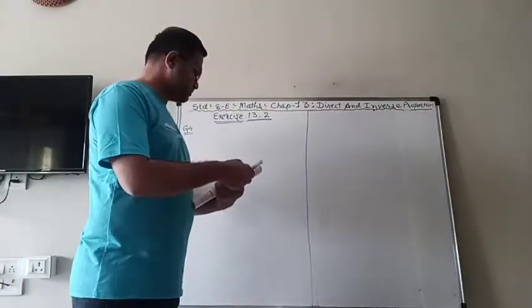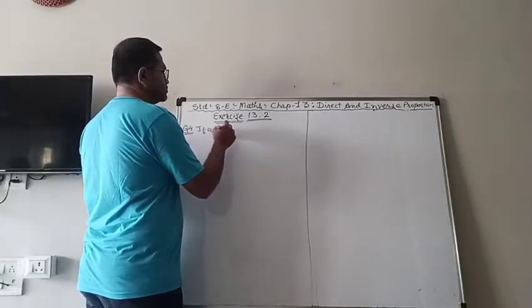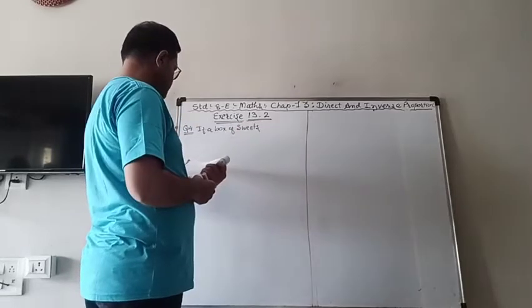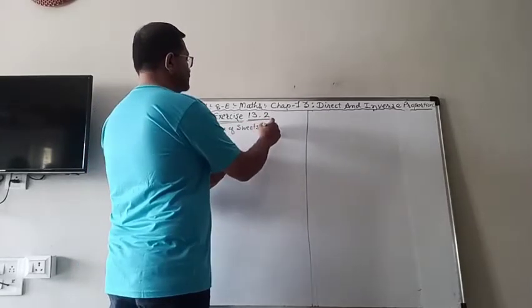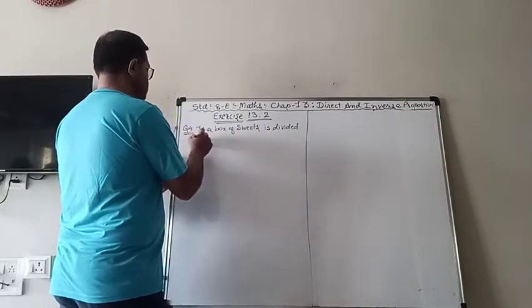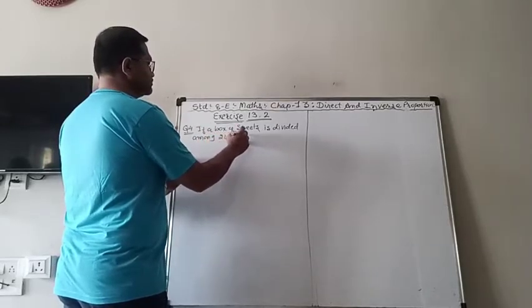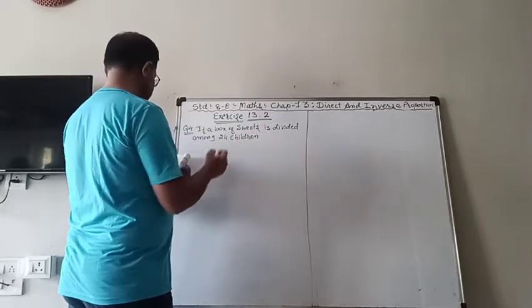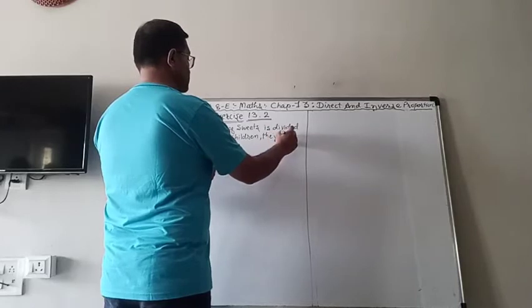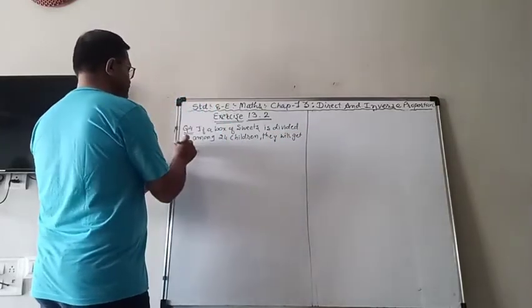Now the fourth question. If a box of sweets is divided among 24 children, they will get five sweets each.